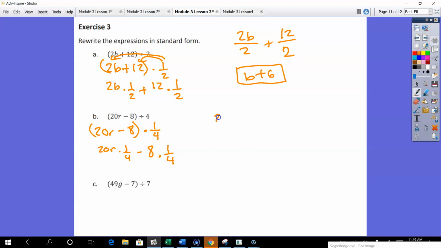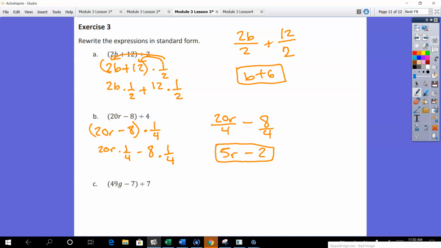Again, I'm going to come up here. 20r over 4 minus, so we're used to writing plus, minus 8/4. So 20 divided by 4 is 5r, minus 8 divided by 4 is 2.